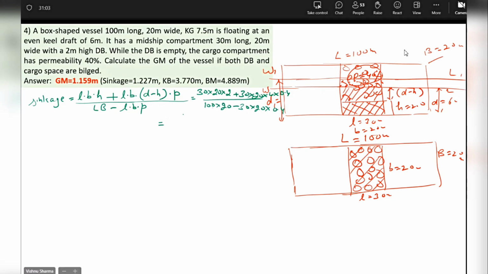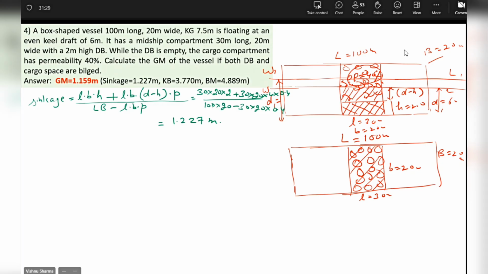And what is the sinkage? Is it coming to 1.227, or is there any mistake in this? Guys, if anybody has a doubt about the sinkage, please clarify now. All good about sinkage? Guys, KB party, were you okay up to this point?